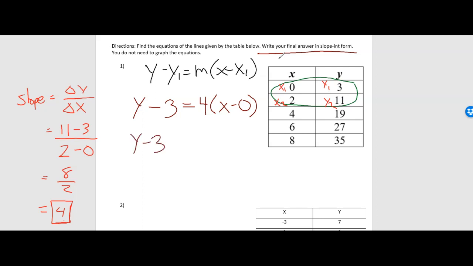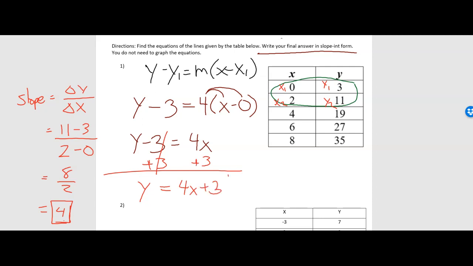Well, fortunately for us, distributing is fairly straightforward. We just get 4x, right? And then 4 times 0 is 0, so we can just leave it. I'm going to add 3 to both sides, and I'm going to get y is equal to 4x plus 3. So our slope is 4, our y-intercept is positive 3.